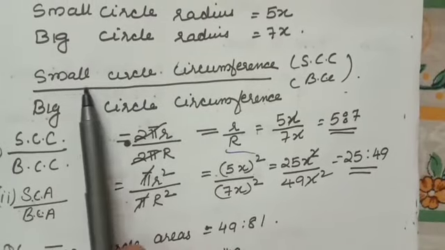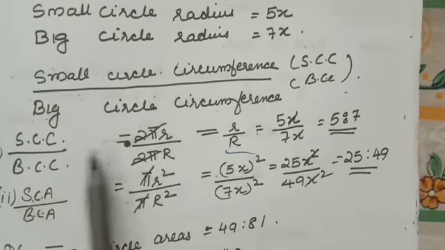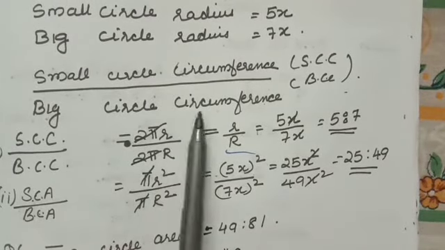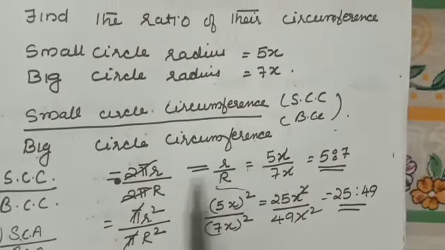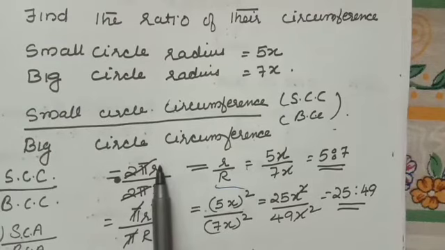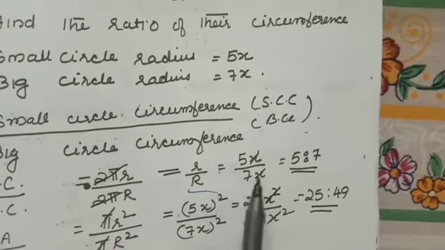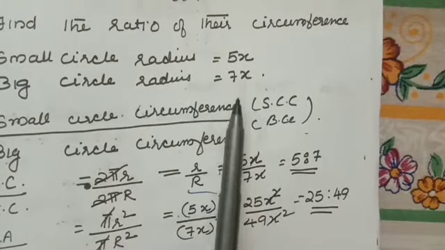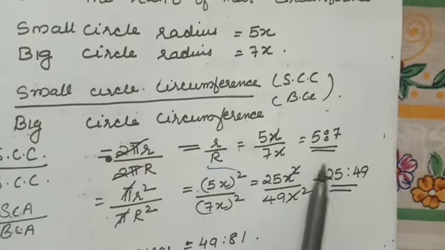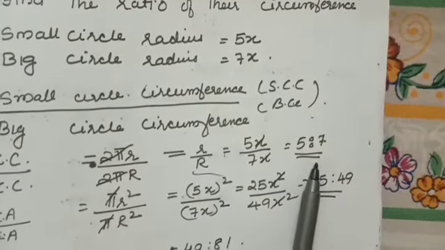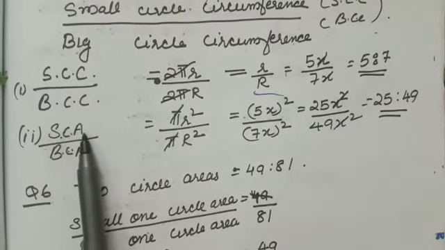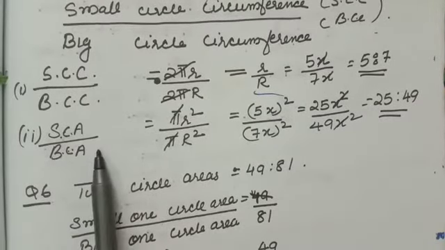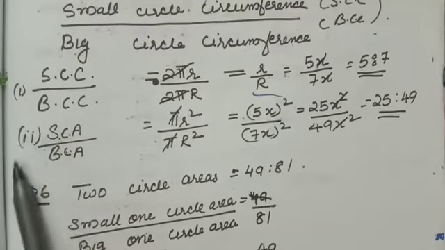Small circle circumference is 2 pi small r. Big circle circumference is 2 pi capital R. The 2 pi will cancel out. R by R, already you know 5x and 7x, cut out. You will get 5:7. Now small circle area, big circle area, you have to write in full.